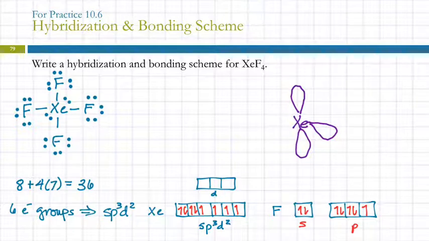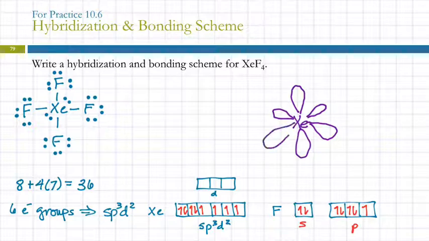This one's coming out at us. 3. That one's kind of going back. 4. Kind of going back. 5. This one's sticking out. 6. Well, that one's a little too big. So these 2 are sticking out at us. Those 2 are in the back. This one's up and down. So each of these has an electron.